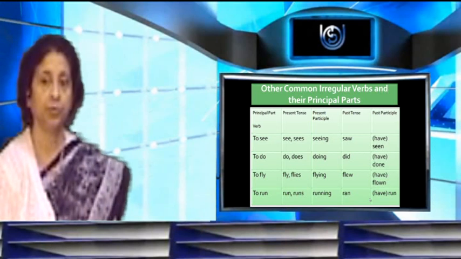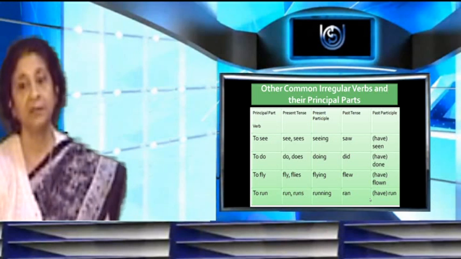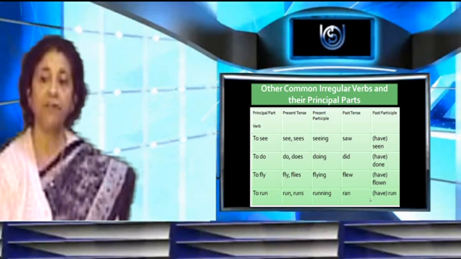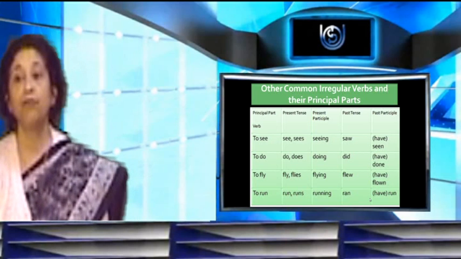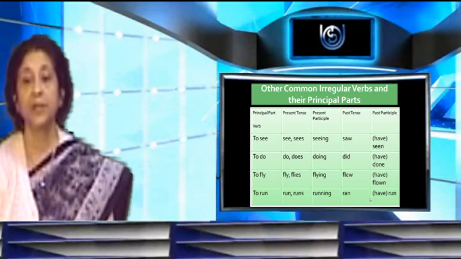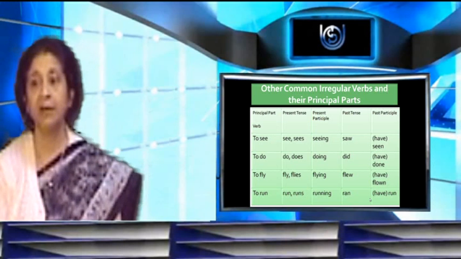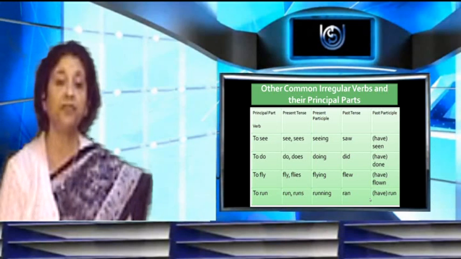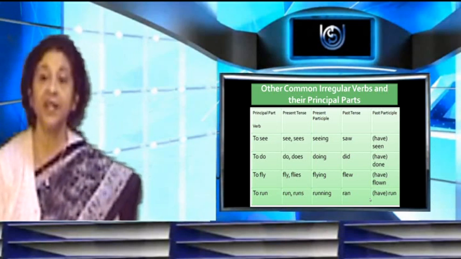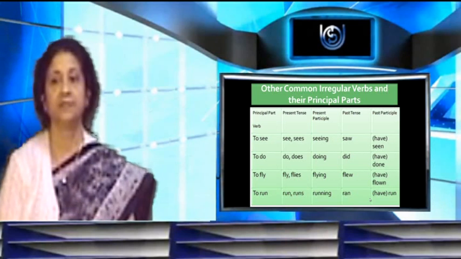Now do, does, doing, did or have done. To fly, fly, flies, flying, flew, have flown. To run, run or runs, running, ran, have run. Here the concept of ed and d is not there. It's different. That's why they are irregular verbs.